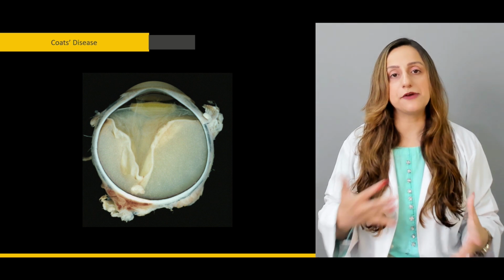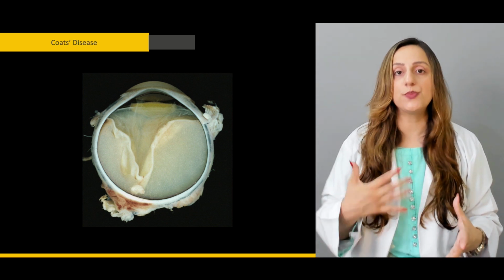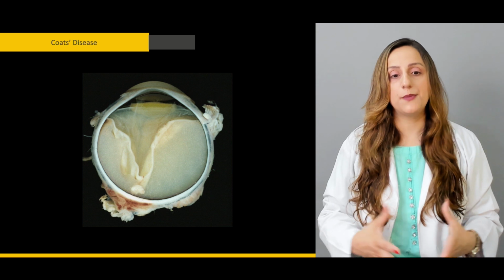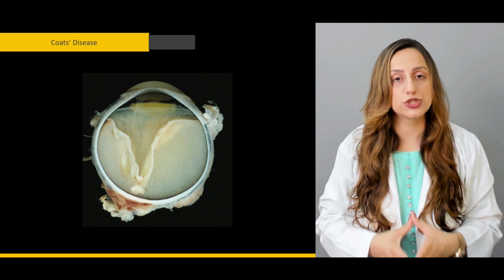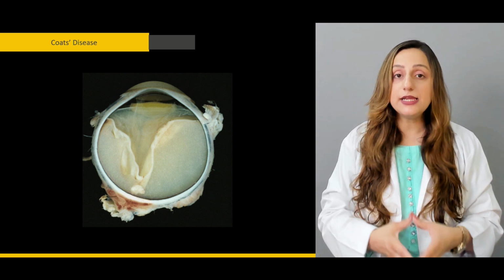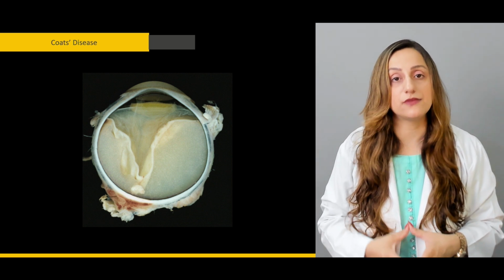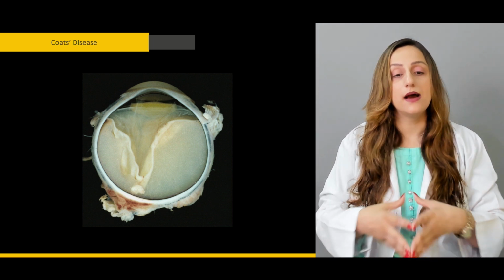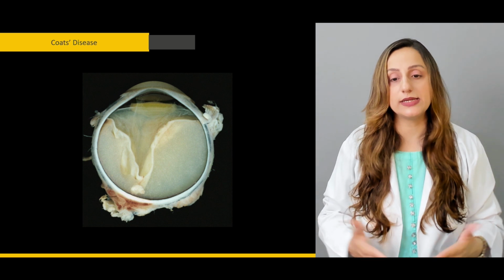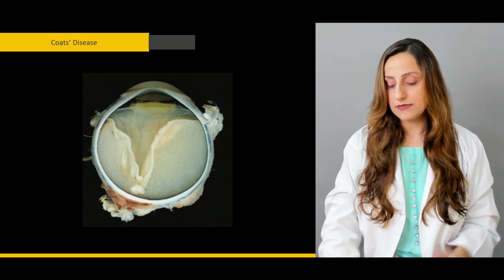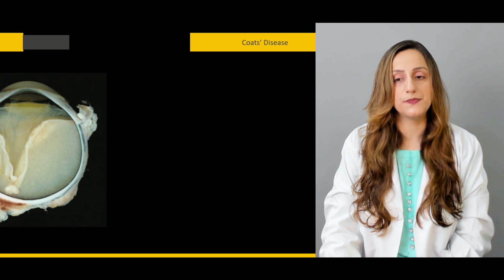So one should know how to differentiate the posterior polar cataract from this particular condition of Coats disease. The familial or genetic factors are again very important, and they basically play a pivotal role in the development of Coats disease in the individual. That is going to finally result in retinal detachments in these individuals.